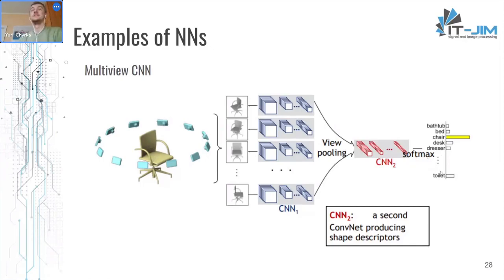For example, for shape classification, we output a fully connected layer with n classes, n neurons for the final layer.